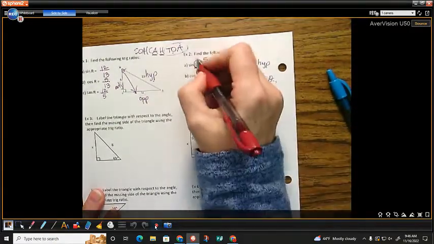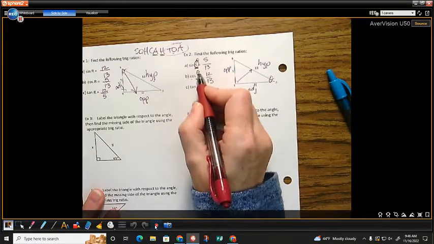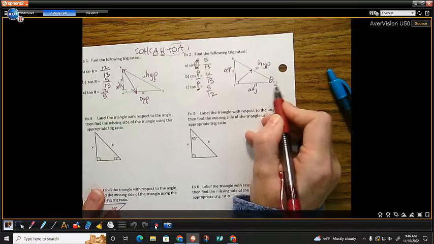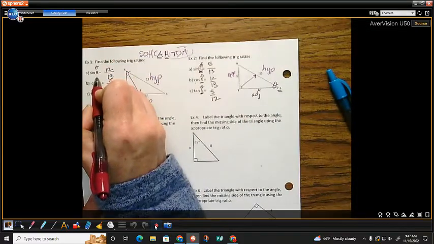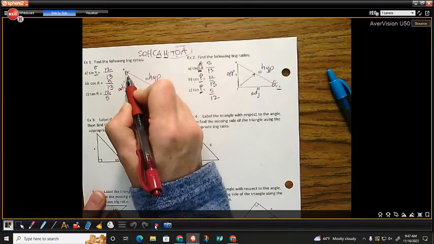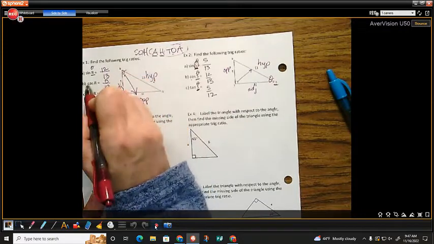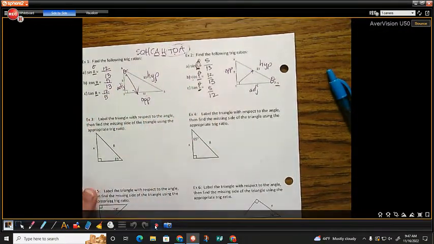So you can find the sine of theta, which in this case is S. You can find the cosine of theta, which is S. Or you can find the sine of theta, where in this case theta was R, and so I labeled R as theta. Whichever one they're asking you to work with is the one that you label and focus on.